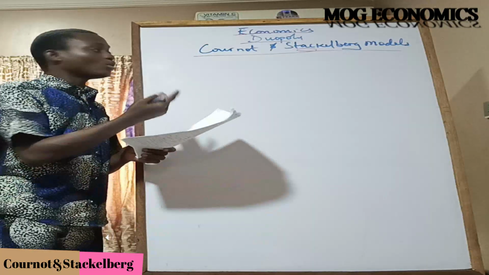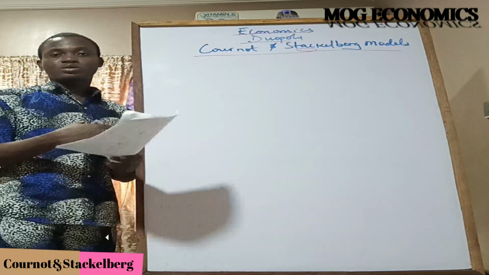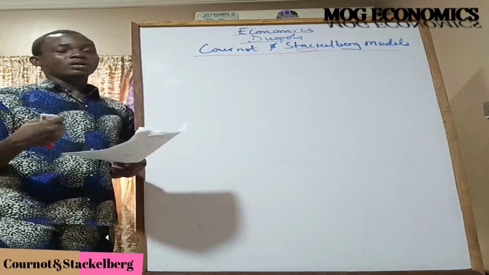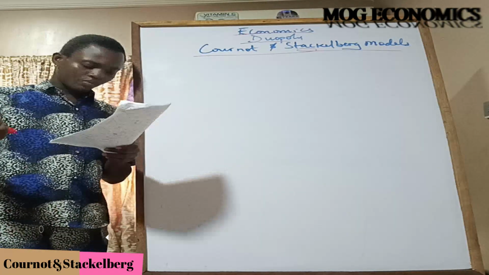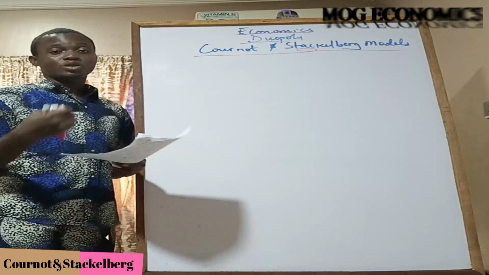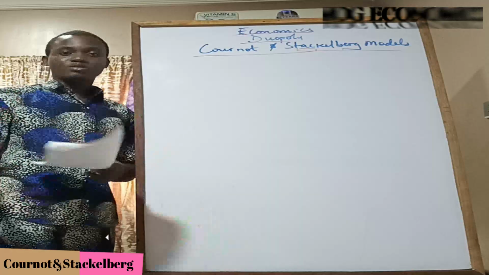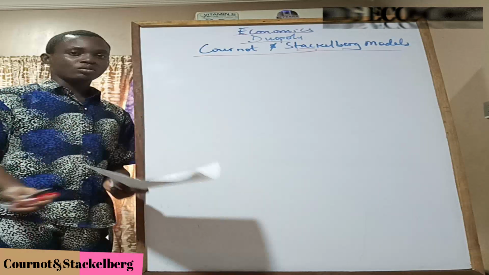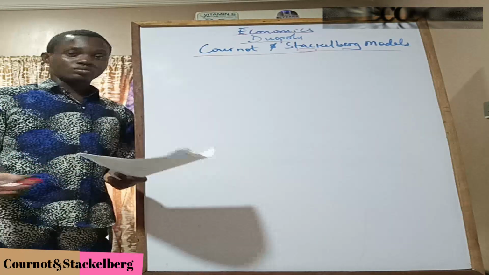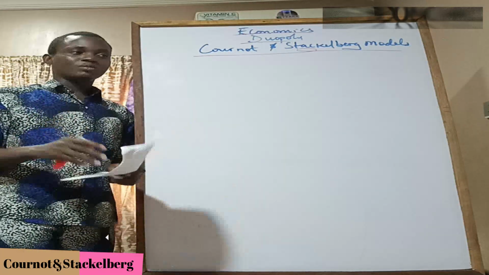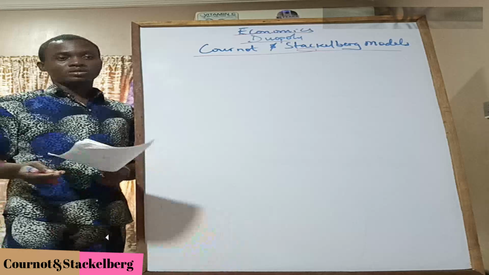Now, the Cournot model is also called the simultaneous output determination model, or the simultaneous quantity setting model, because the firms just choose their own outputs on their own, and once they've done that, the interaction of those outputs determines the price in the industry.